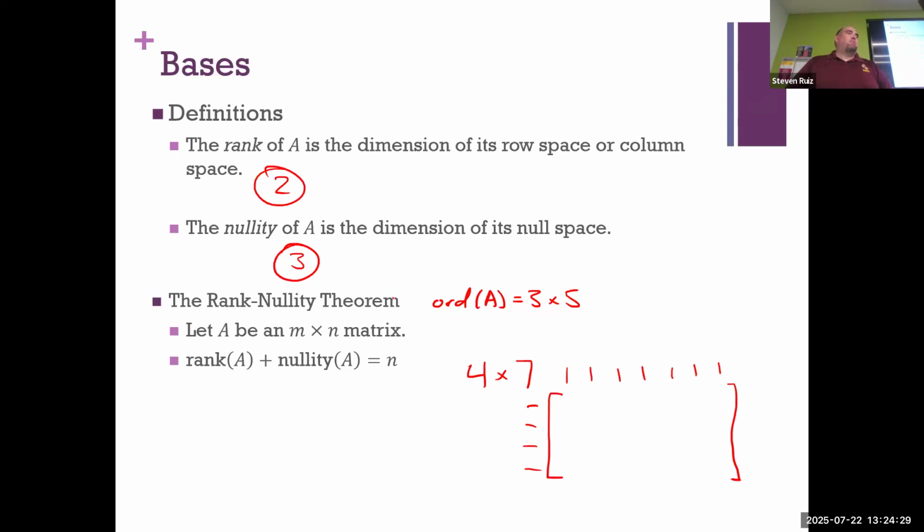It's the pivot values, right? How many pivots could this thing have? It could have 4, right? Could have less, but it could have 4. So the highest possible rank is always going to be the smaller of these two numbers.